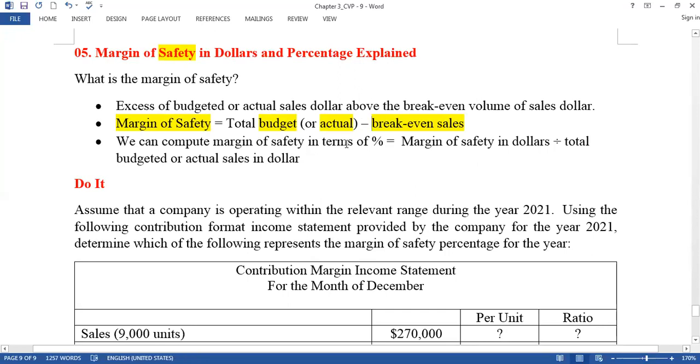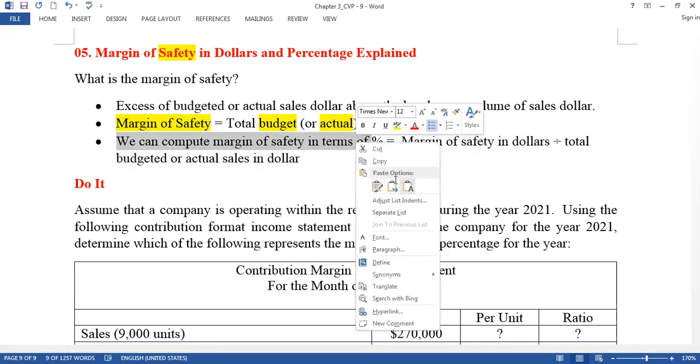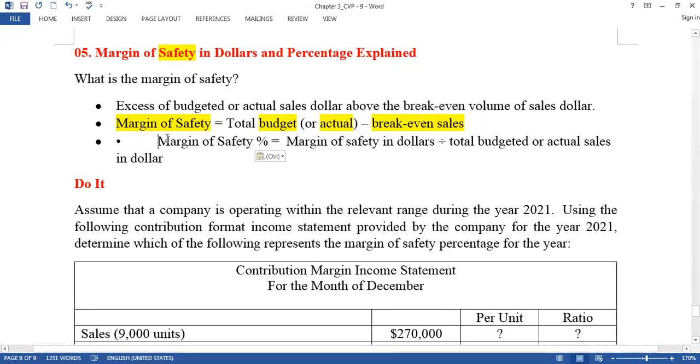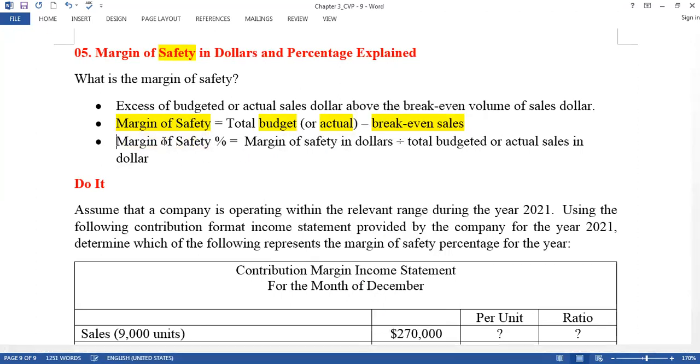And can you remember, if I ask you to calculate margin of safety percentage, how to calculate percentage? It is margin of safety divided by sales.